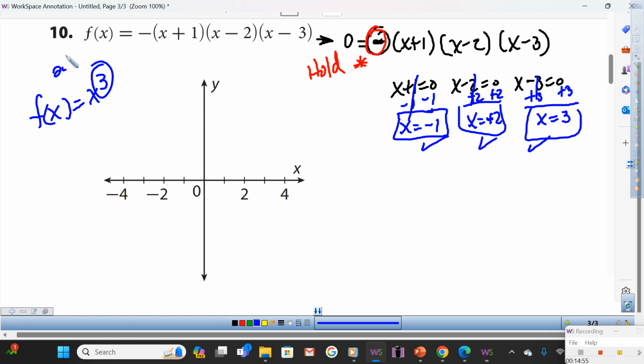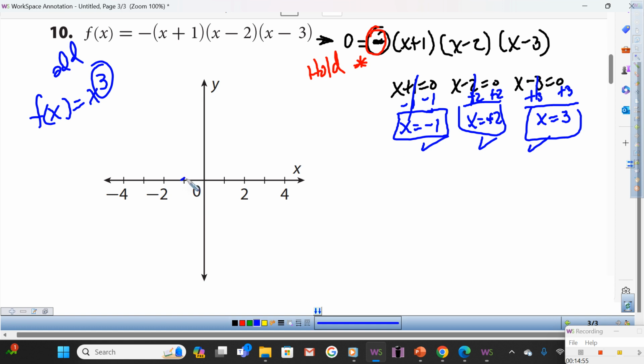So since this is an odd exponent, tell your neighbor where we're going to start and where does it end. What quadrant does it start and what quadrant does it end? Yeah, it starts at 3 and it ends at 1. So before we place our arrows, I'm going to go ahead and plot our x-intercepts.